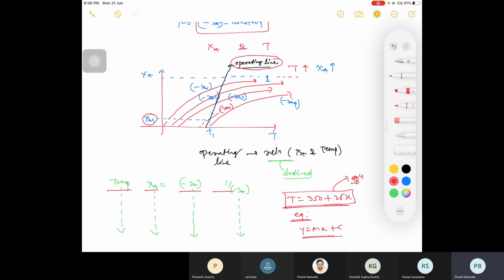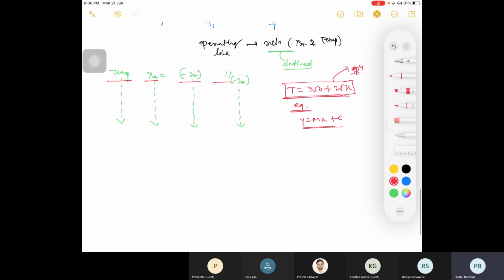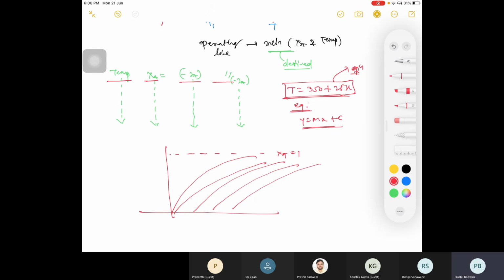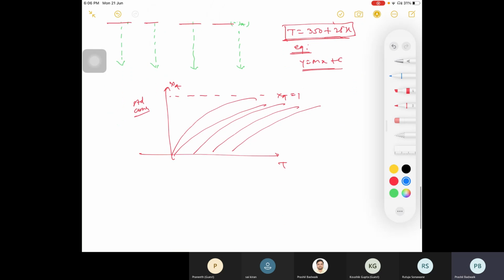If you plot this equation and compare it with the standard curve, this is your standard one, Xa equals 1. Some standard curve will be given for your reaction, this is between temperature and conversion. Then you will get one operating line for the same, using your energy balance over your reactor.